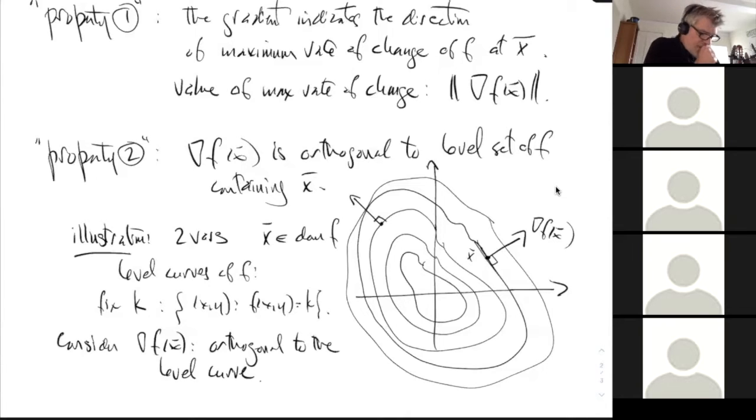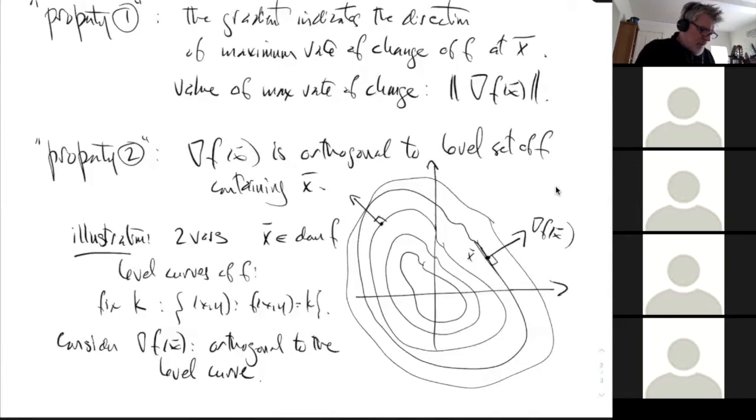And again, if you want to keep in mind a nice image, if you're on a mountain and you look at the direction of maximum rate of change, you're looking towards the top of the mountain. If you're on a trail, and the trail is flat, it should be perpendicular to this direction. I think this image helps.